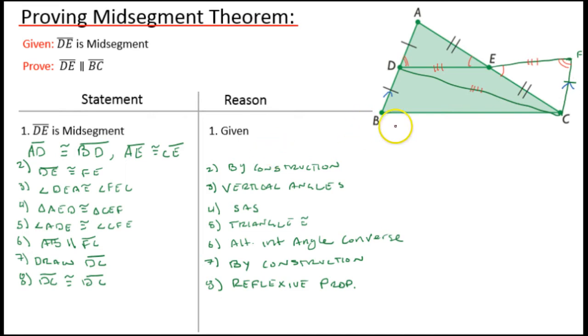Now they share this side and this side, and then they share the center side. The next thing we want to show is if we can show this angle and this angle are congruent, we can show that angle side angle exists.